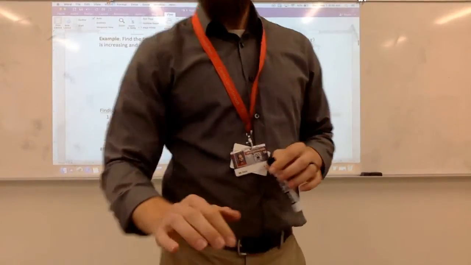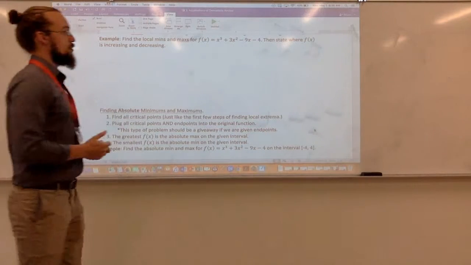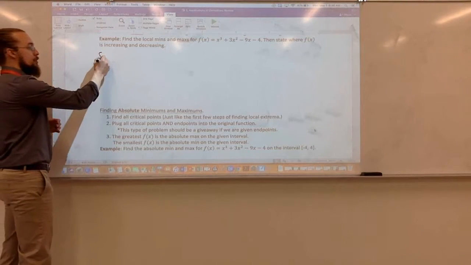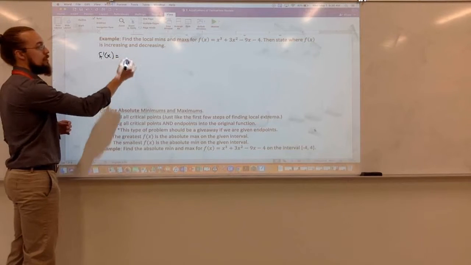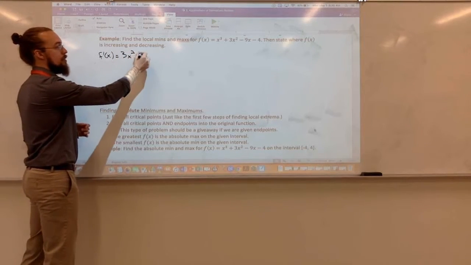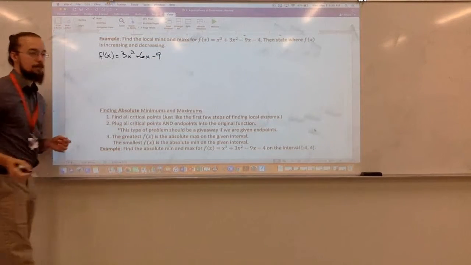So for this function, x cubed plus 3x squared minus 9x minus 4, we want to find all local mins and maxes, and then state where the original function is increasing and decreasing. So first step would be to find the derivative. Okay, so derivative would be 3x squared plus 6x minus 9.